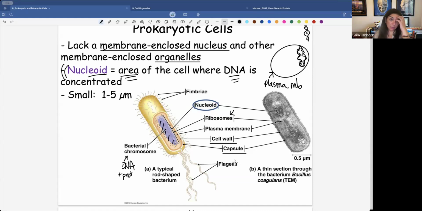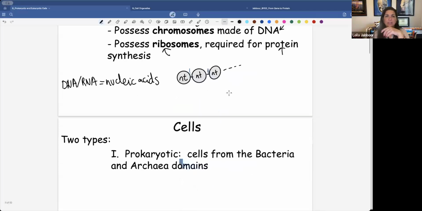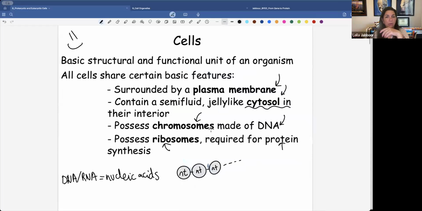Usually bacteria with a capsule are more virulent, meaning they will be more pathogenic and harder for your body to destroy. They make you sicker because of this protective capsule they have on them. But not all of them have that. That's why we don't list cell wall and capsule in this list of all basic features, because they don't all have that.